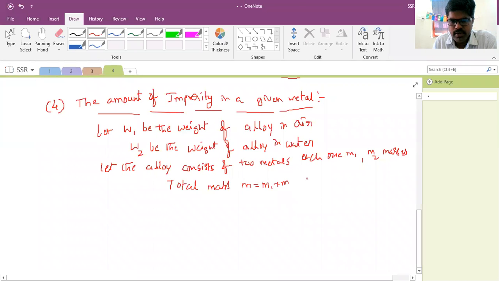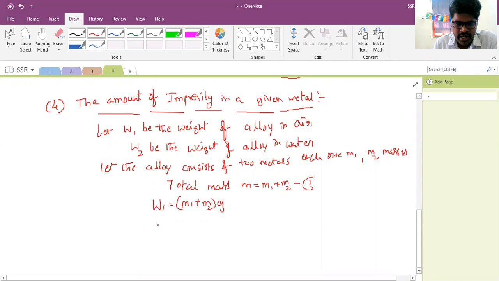This is equation number 1. Then the weight in air, W1, is equal to (m1 plus m2) into g. Weight in air, we can understand.